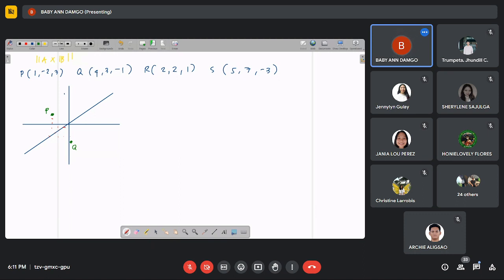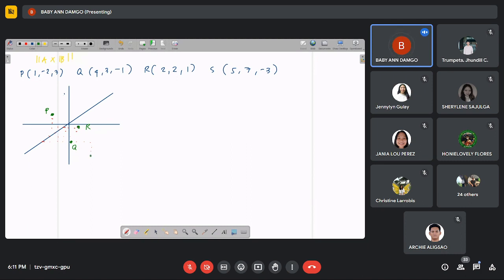Okay, R, we have (2, 2, 1). So we have 1, 2, and then 1, 2, and then 1. So this point is R. And then S is (5, 7, -3). So this is 5, and then 7, and then -3.